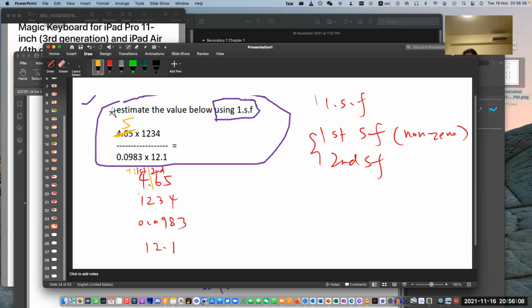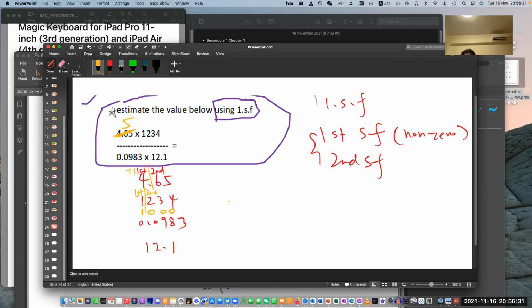1, 2, 3, 4. First, non-zero. This is second. So the second is 2. Is 2 round up or round down? Round down. So you get 1. And by the way, this is 1,234. So your answer, when you round, is 1,000.